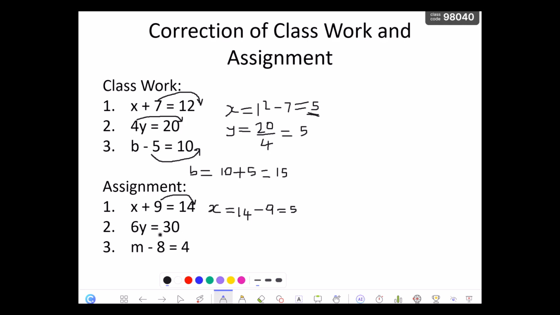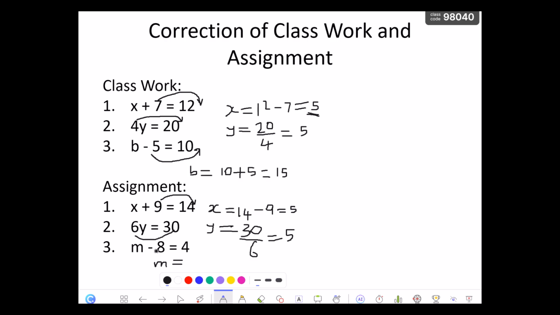Then the same thing for 6y equals 30. When 6 crosses over to this side, remember it is multiplication here. When it crosses over, it will become division, which will now become 30 divided by 6, and that will give us 5.